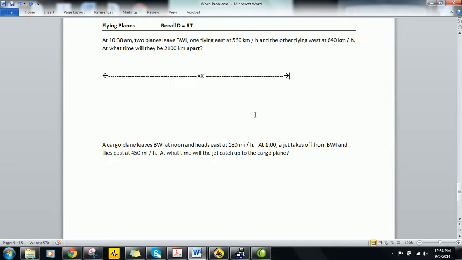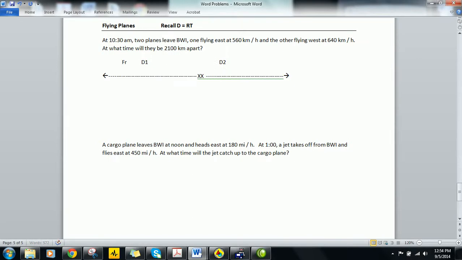I'm going to start with the abstract. I'm going to call the west traveling plane's distance d1, and the east traveling plane's distance D2.